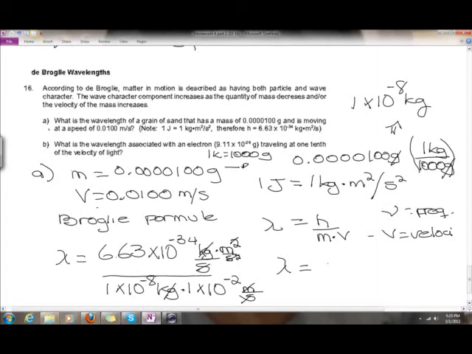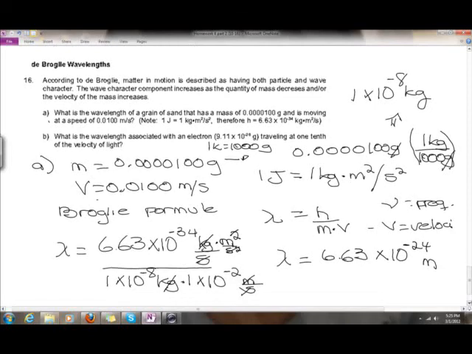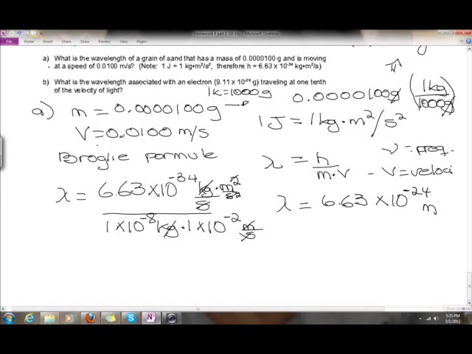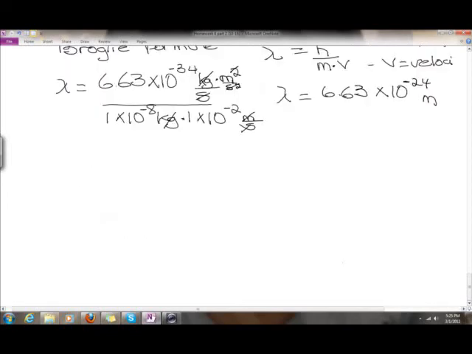This is going to give you 6.63 by 10 to the minus 24 meter. As you see, it's a very small wavelength.